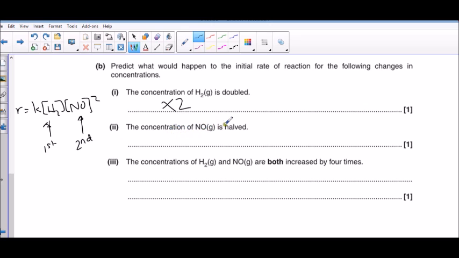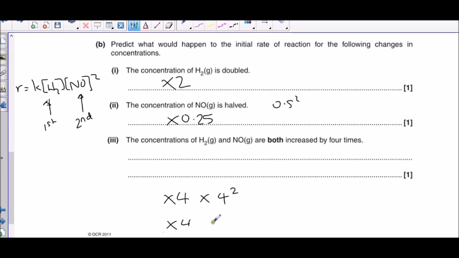So if I half the concentration, 0.5 squared, I'm going to get times by a quarter. And then the bottom one, I will have times 4 for the effect of H2 and times 4 squared for the effect of NO, so times 4 times 16 equals times 64, so the answer is times 64.